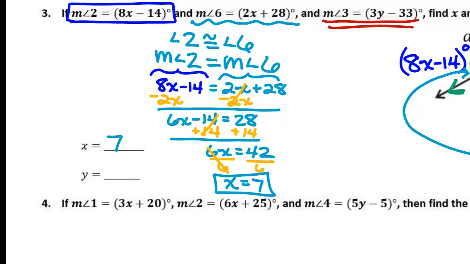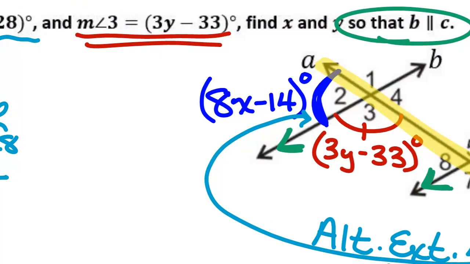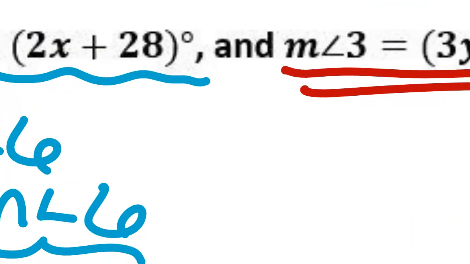We still need to go through now and find y. Well, what do you notice about angles 2 and 3? They're adjacent, and together they form a straight line. So what do we call that pair? They're a linear pair, yes. Angle 2 and angle 3 form a linear pair.